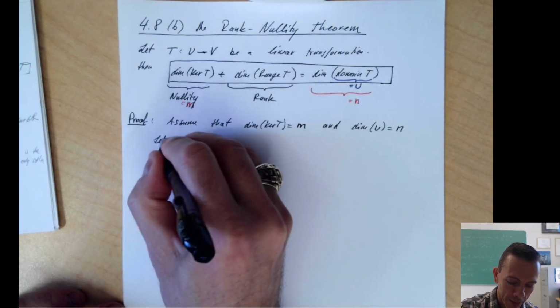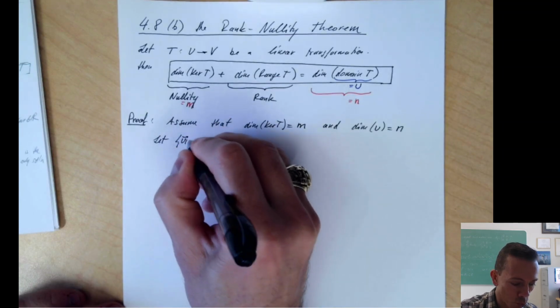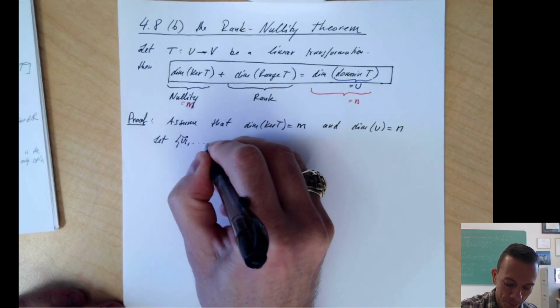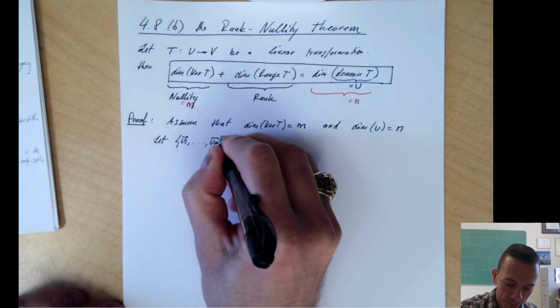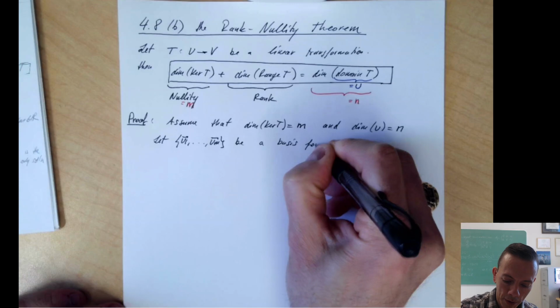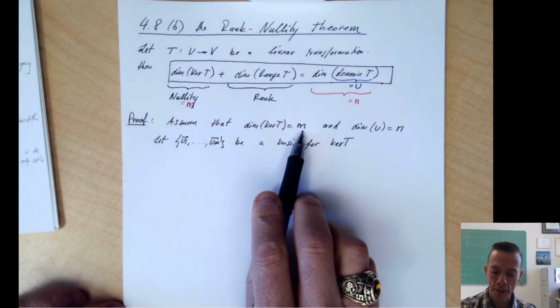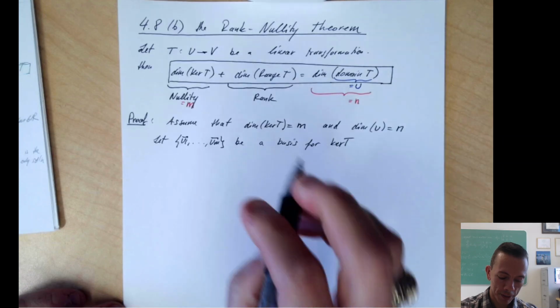So let's consider two bases here. So the basis u1 to um is a basis for the kernel because its dimension is m, so there are m basis vectors.